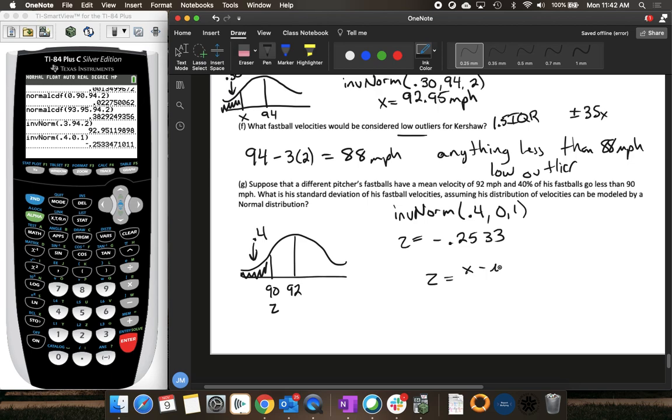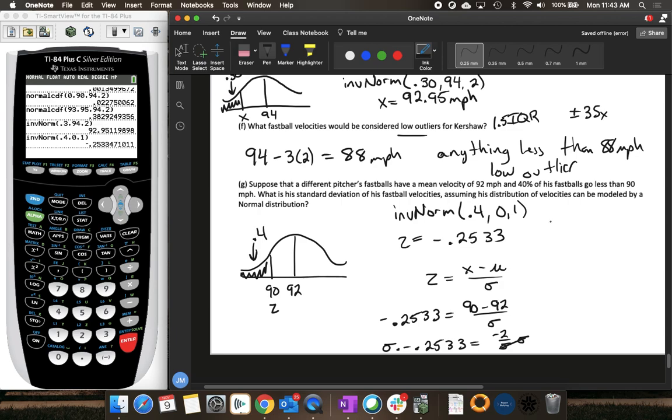Let's plug everything into our equation that we've used before: z equals x minus mu over sigma. So negative 0.2533 is equal to x, which is 90, minus the mean, which is 92, over our standard deviation. Let's simplify a little: 90 minus 92 is negative 2 over sigma. Now let's multiply each side by sigma.